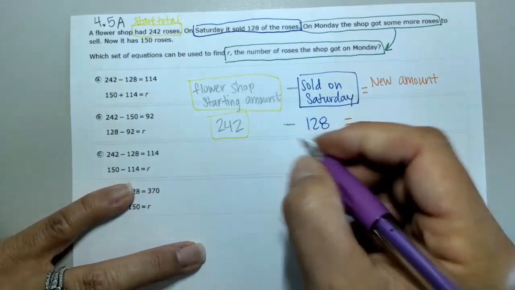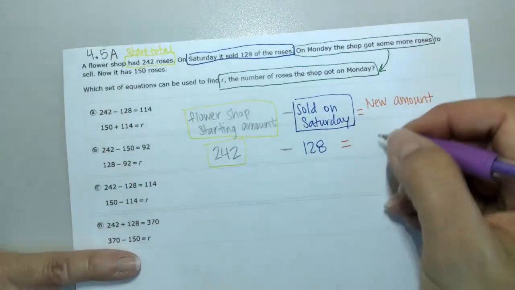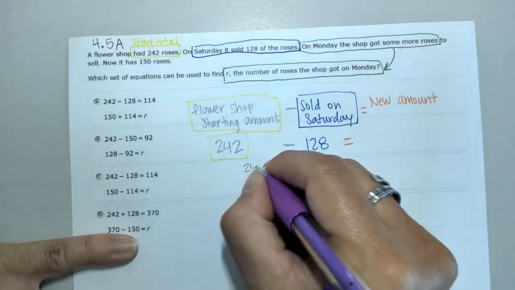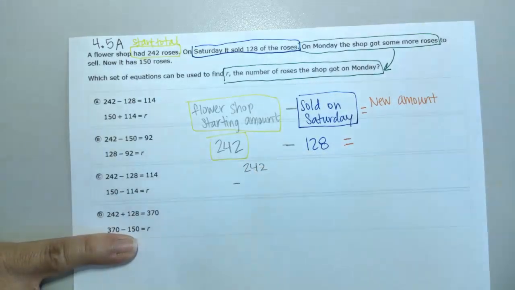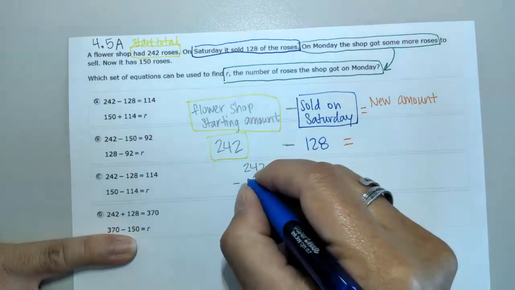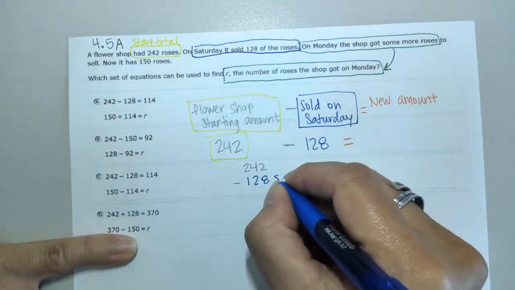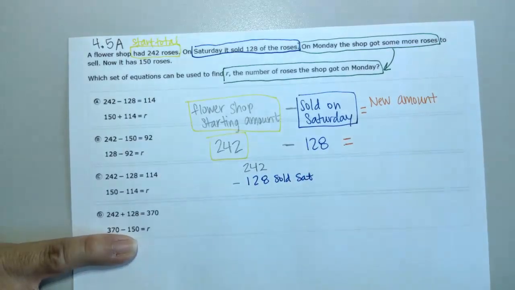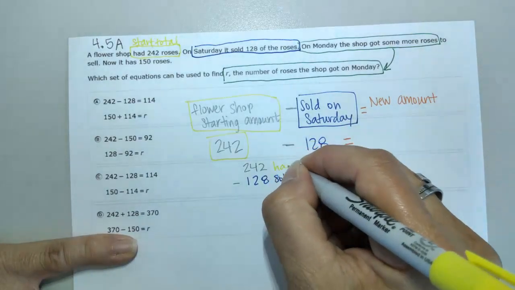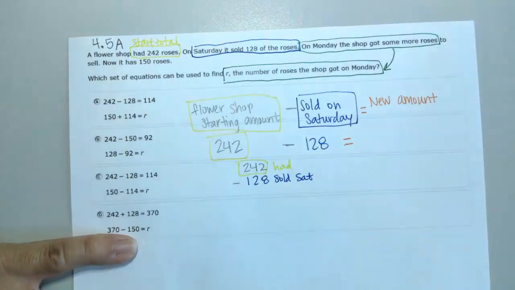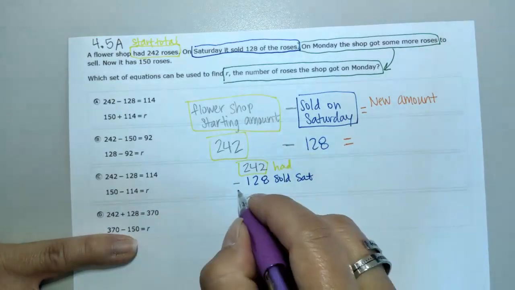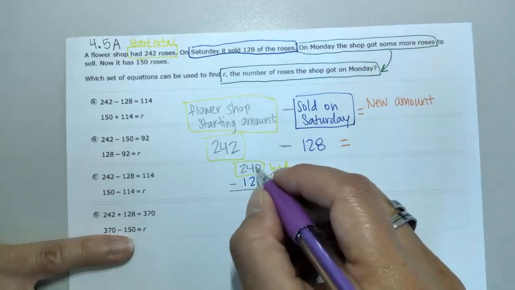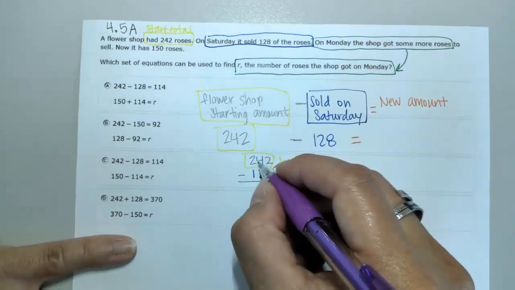So let's go ahead and stack these numbers and work it out with our standard algorithm. 242, take away the amount sold on Saturday, where this is what they had. Okay. I can't take 8 away from 2, so I need to regroup 10 from my 4.